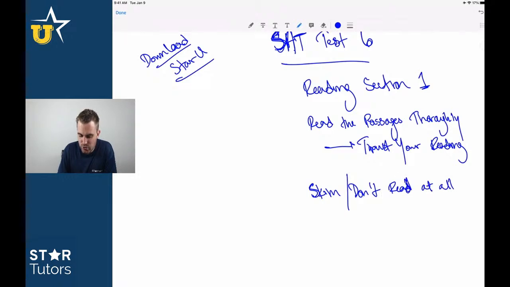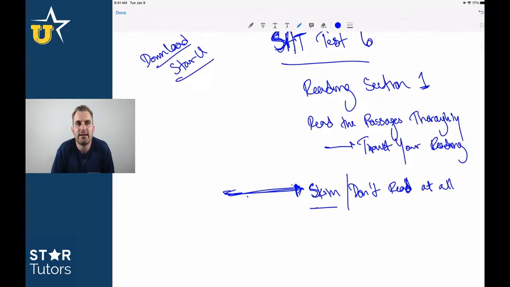Now, the issue with this, and I cannot stress this enough, is that phenomenal readers can get away with this. If you are a very, very strong reader, if you read multiple hours a day, you can get away with this. And those are the students that tend to have the most say in how to approach this section of the exam.